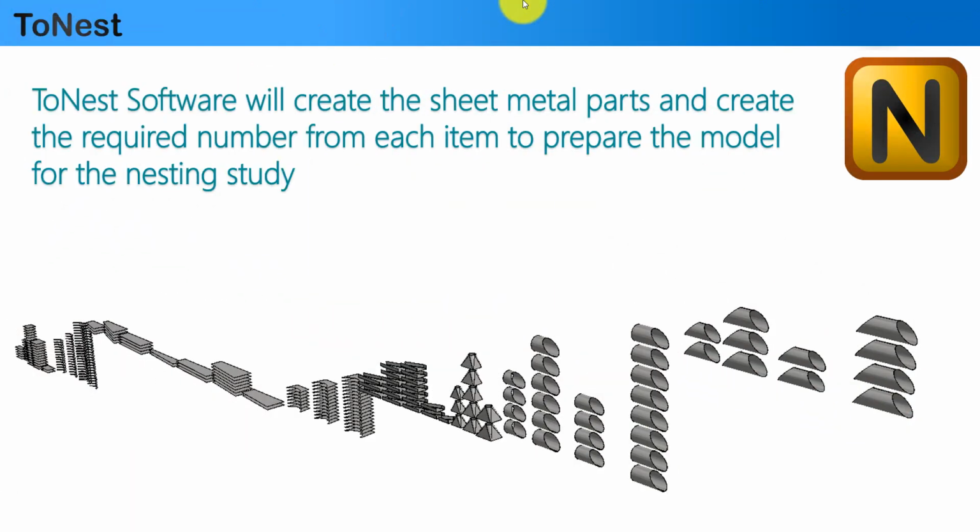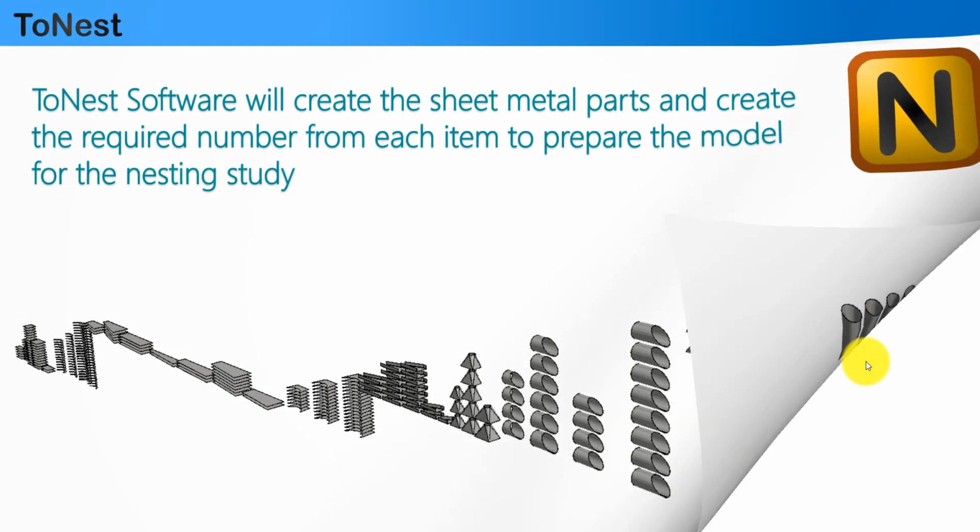Now we will use the ToNest application to prepare the 3D model, including the number of each part. As you can see here, for example, for the pipes, you can see this pipe repeated by the same quantity that you will require.